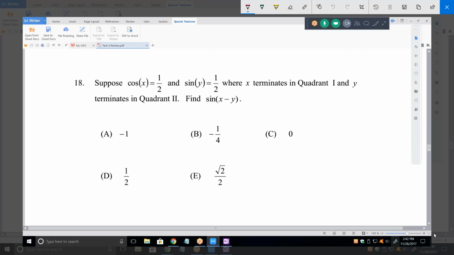Let's draw two triangles. Remember that we're always taking trig functions of angles. So I'm going to label that angle X. Dimension it for me.